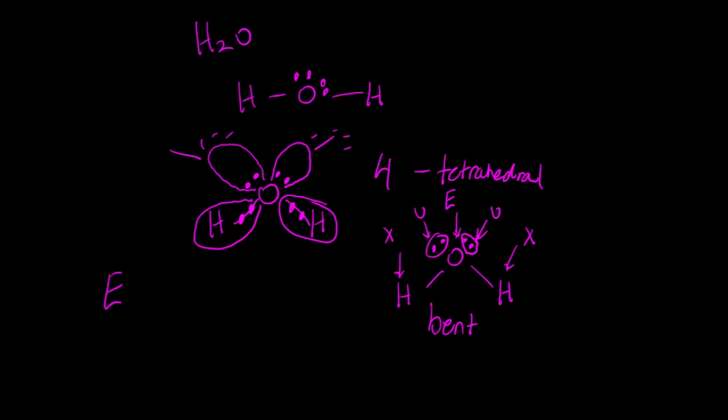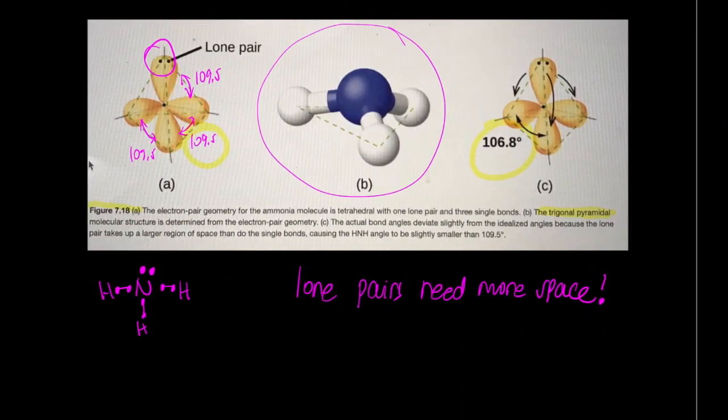This would be EX2U2. So any formula that falls into that category with 2 lone pairs, 2 groups, is going to be bent. I didn't say what this one was, but if this is your E, your hydrogen is your X, your surrounded atoms, and if this is an unshared pair, this is EX3U. So that's going to be trigonal pyramid.